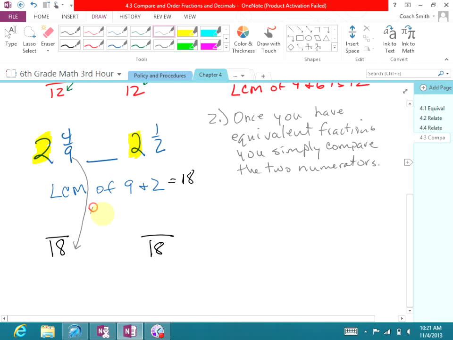Multiplied by 2. So we got to do the same thing to the top, which makes it what, Jesse? 8. Now, what did I do to 2 to make it 18? Multiplied it by 9. So I do the same thing to the top, which makes 9 over 18. So the larger fraction then is a 2 1/2.